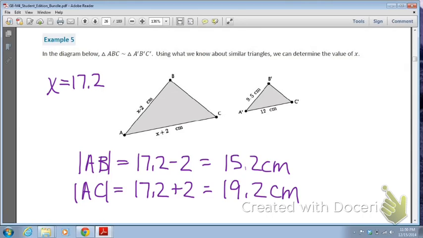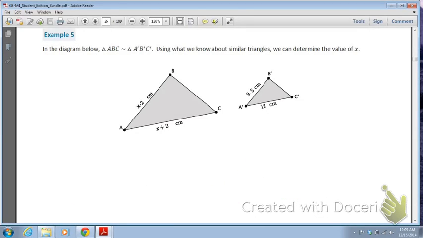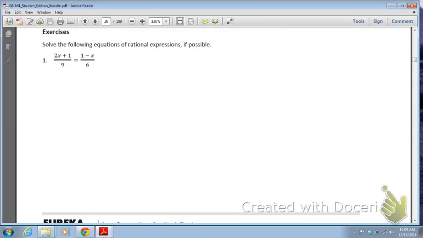Okay, now let's go to the exercises here. Let's see, the directions say solve the following equations of rational expressions. That's what these technically are. This is a proportion, but they're ratios, so they're rational expressions.